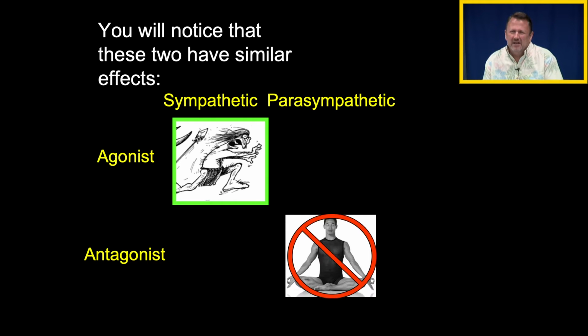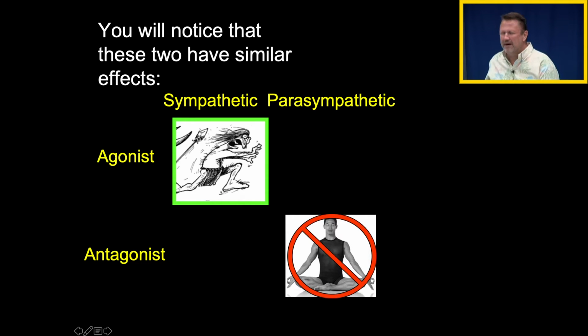It's as if there aren't a whole lot of words that all mean exactly the same thing in autonomic pharmacology. You're going to notice that these 2 completely different systems are going to have same effects when you're blocking one or an agonist of the other.